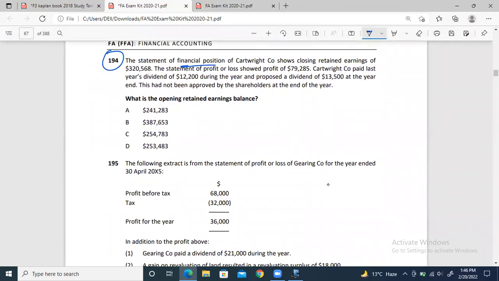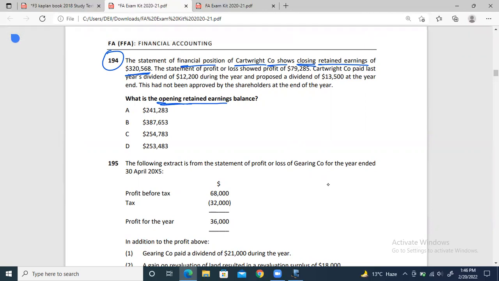Now, next one is 194. The statement of financial position of Cartwright Company shows closing retained earnings of 320568. So these are retained earnings, and this is the closing figure. Remember, in the requirement, we have to find the opening retained earnings. Okay. So what happens is that we have to move back over here. We have to do the reverse working. The statement of profit or loss showed a profit of 79285.